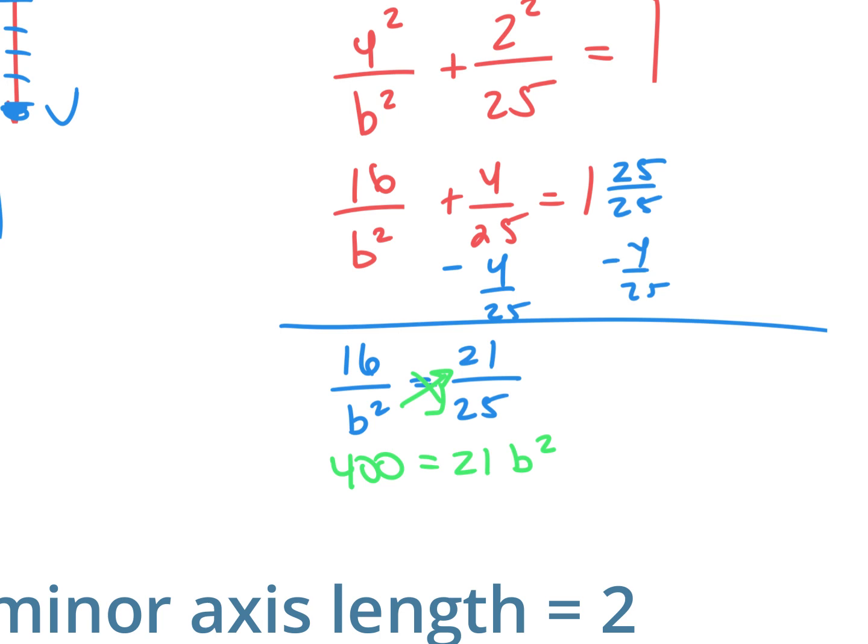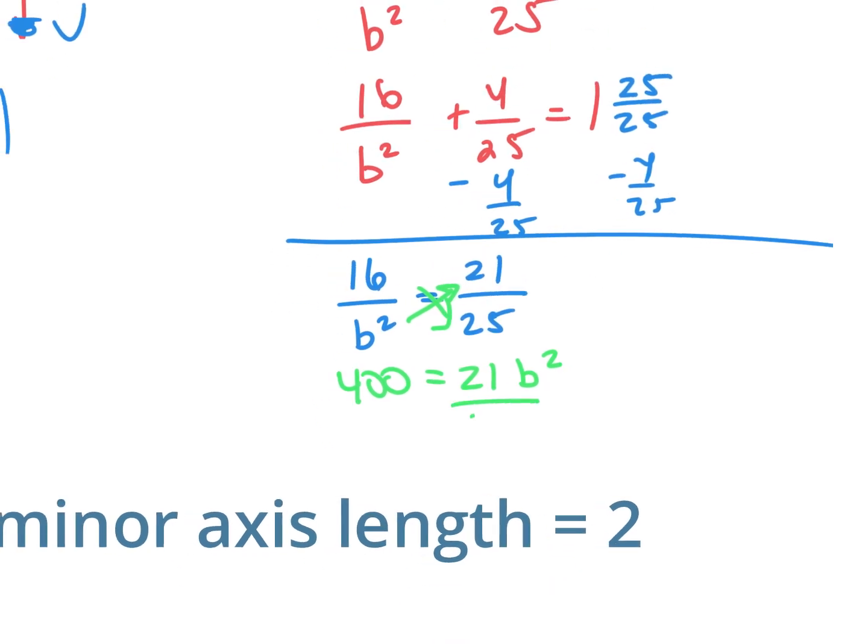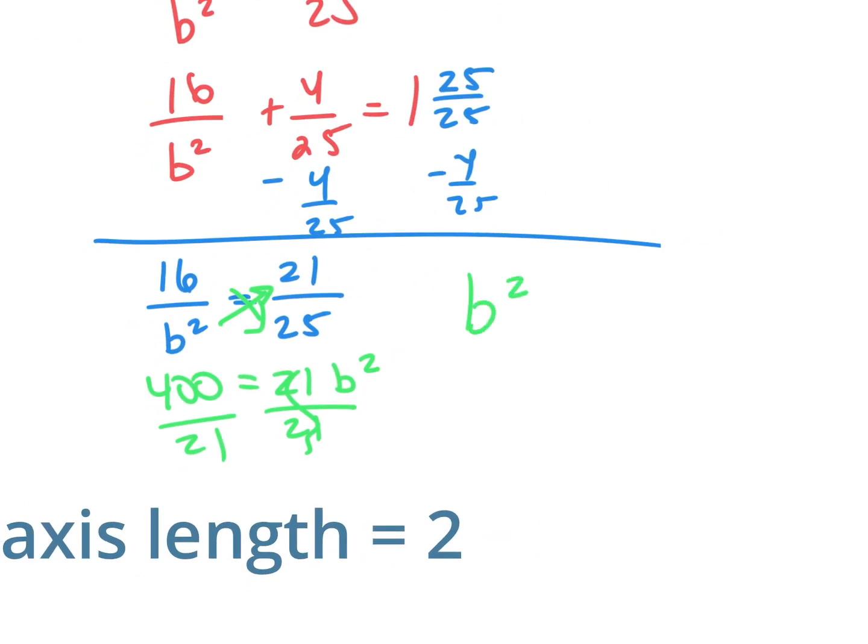You guys agree? Okay, so now I'm going to divide both sides by 21, and I get b squared equals 400 over 21. And then you guys are going to be like, now we have to take the square root, and then we have to rationalize it. Do I really have to do all that?